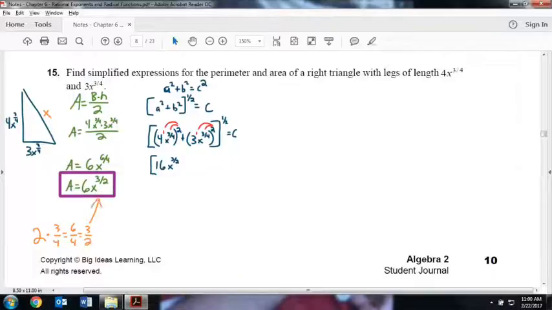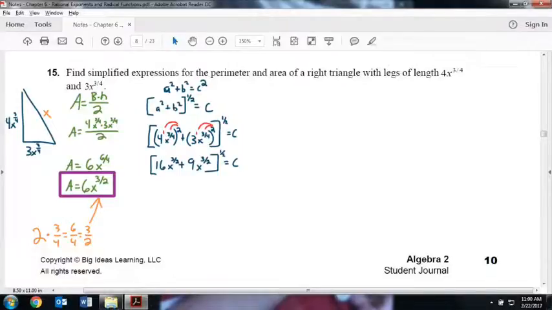So that's 16x to the 3 halves, plus 3 squared is 9, and 2 times 3/4 is again 3 halves. So that's 9x to the 3 halves. And all that is to the 1/2 equals c.